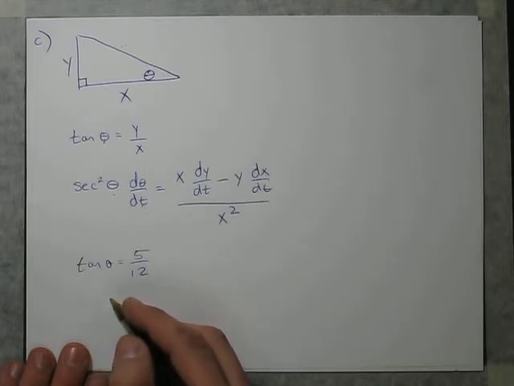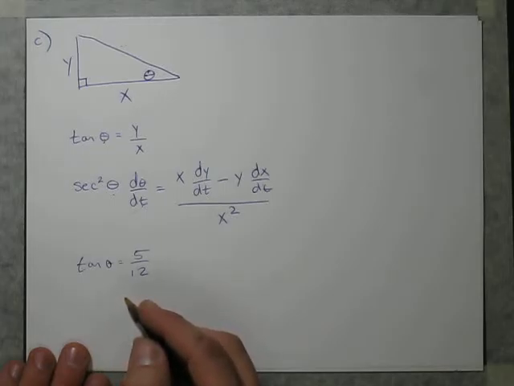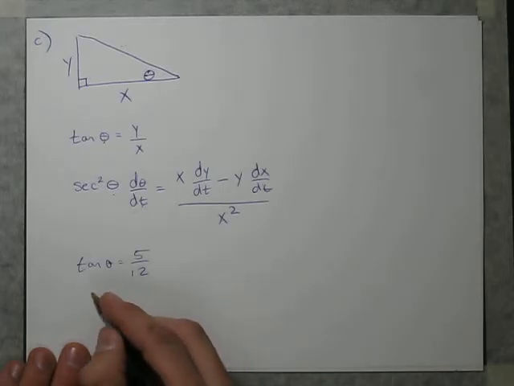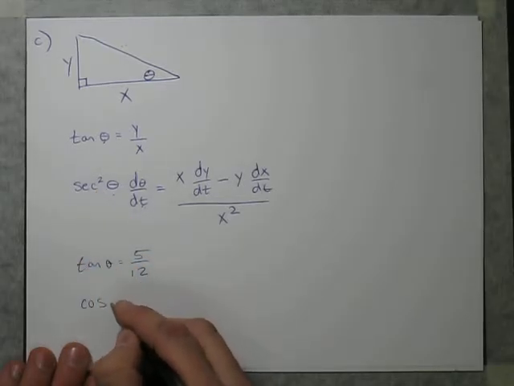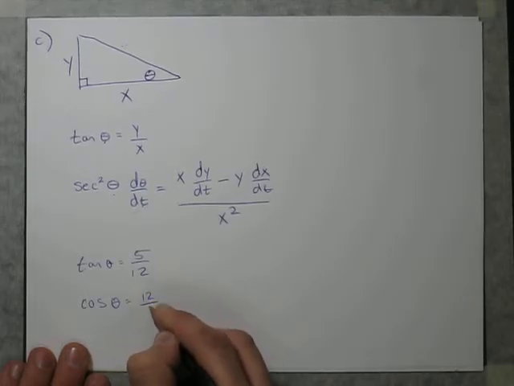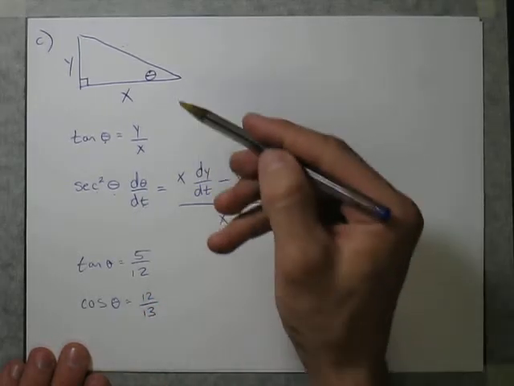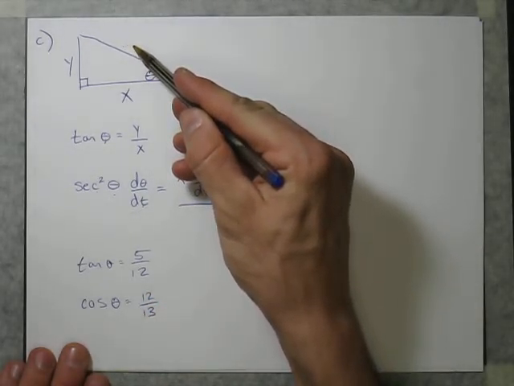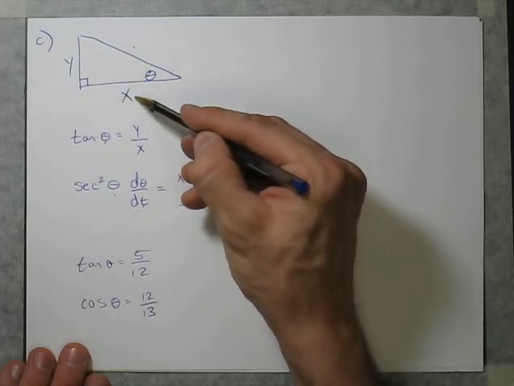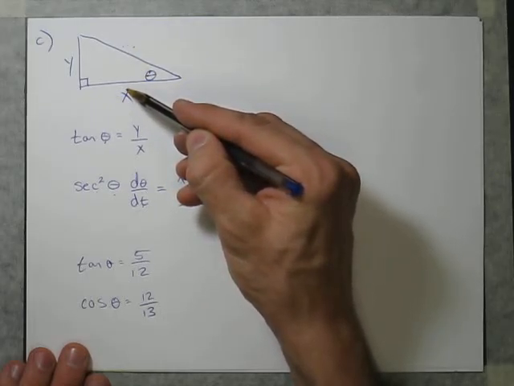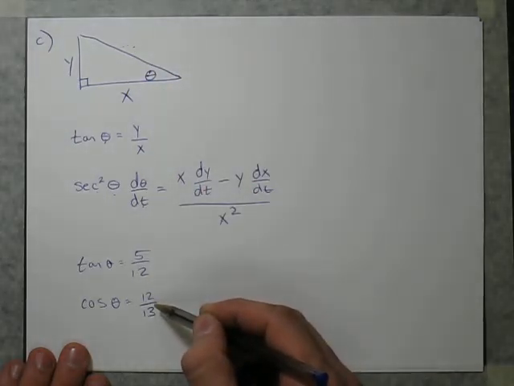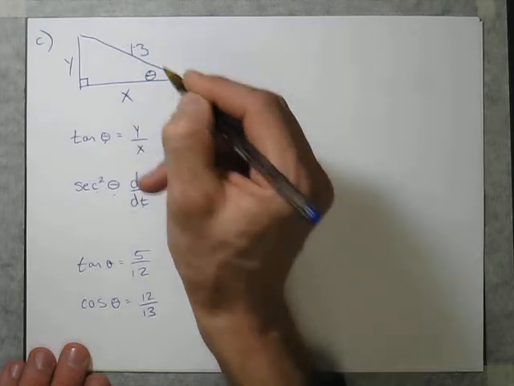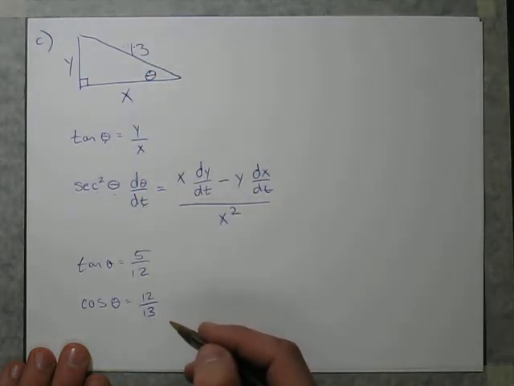Since tangent theta is equal to 5 over 12, we know that cosine theta is equal to 12 over 13, because we're going to eventually get to secant squared. Cosine is adjacent over hypotenuse, so 12 over 13, because this is 13 here. Why do I care what cosine theta is?